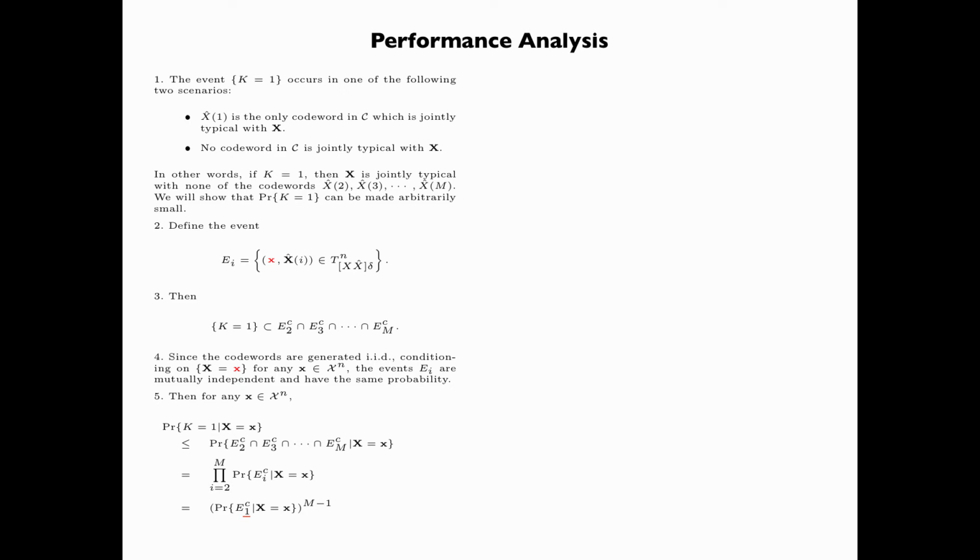Furthermore, because all these events are identical, this is equal to the probability of E1 complement given X equals x to the power M minus 1, or 1 minus the probability of E1 given that X is equal to x, to the power M minus 1.